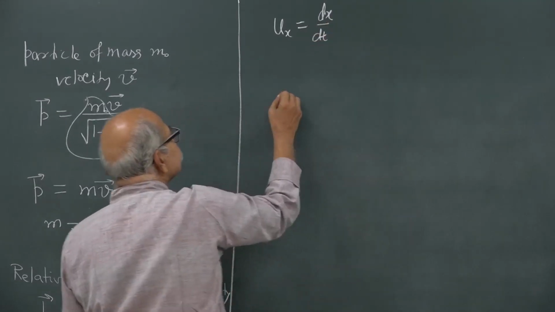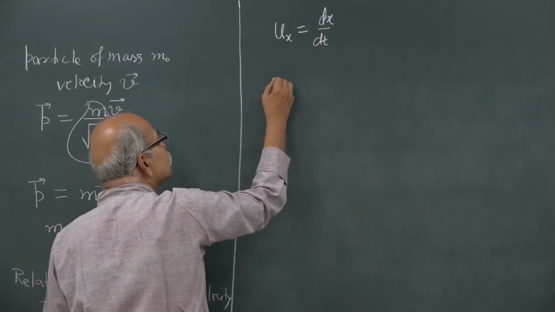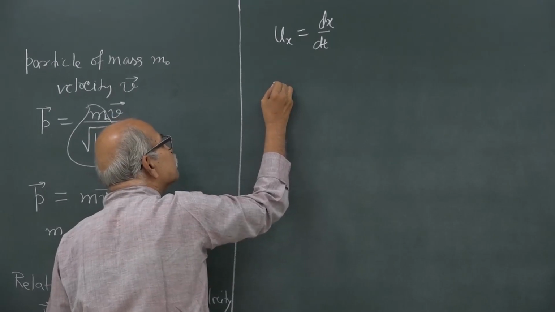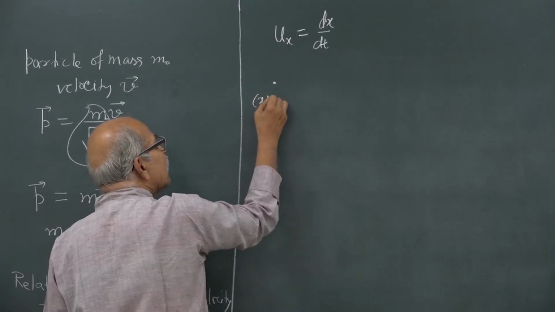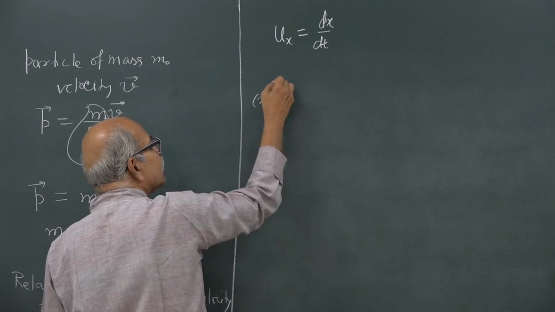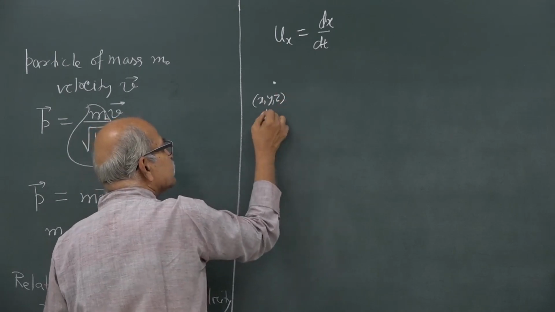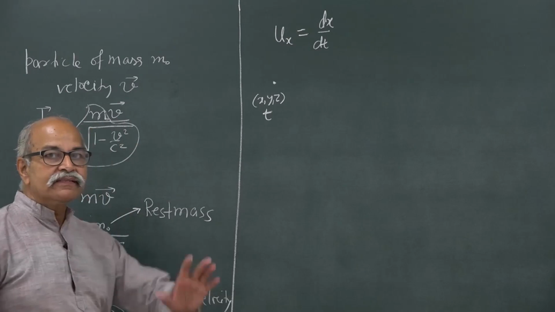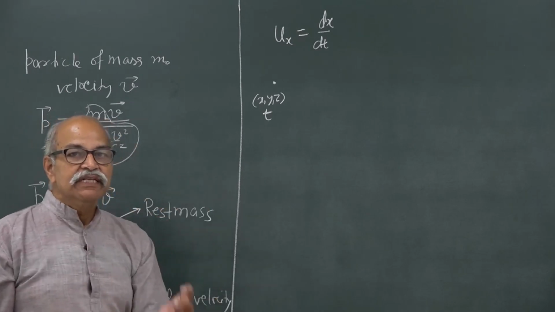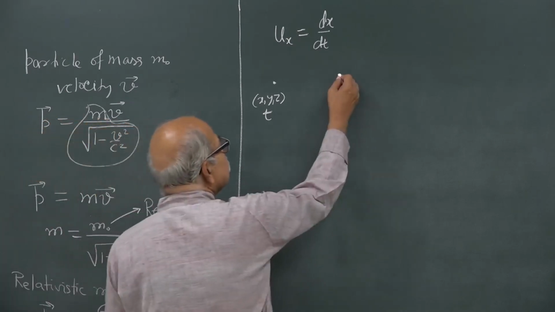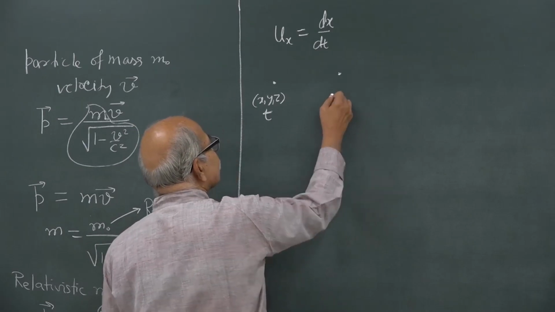and that means what I do is I take two events. Particle is here at x, y, z at this location and at this time t, and then as time elapses, a very short time interval, t plus dt, the particle reaches somewhere else.